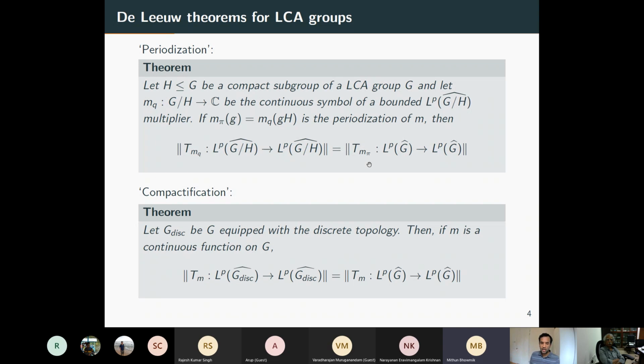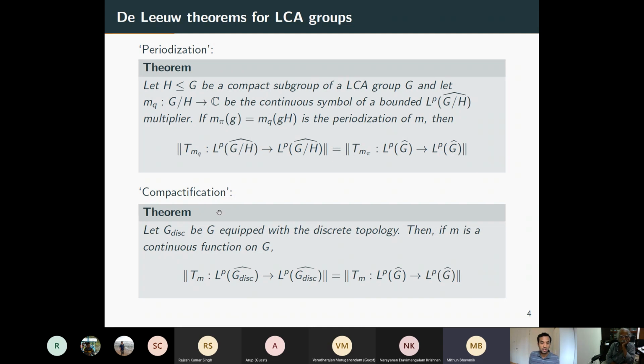Sorry, and he also did this compactification result, which is that you can discretize your group. So if, instead of whatever topology the group came with, you equip the group with the discrete topology, and then look at the Fourier transform on that and the Fourier multiplier operator on that, then the norm of the Fourier multiplier is in fact the same as the norm of the Fourier multiplier on the dual of the discretized group.